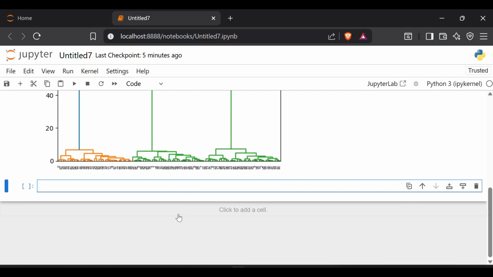So now we'll apply the agglomerative clustering. For that you have to write HC is equal to AgglomerativeClustering, and you have to give the n_clusters is equal to 3, and linkage is equal to ward.